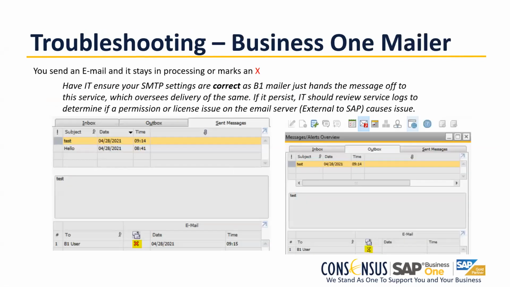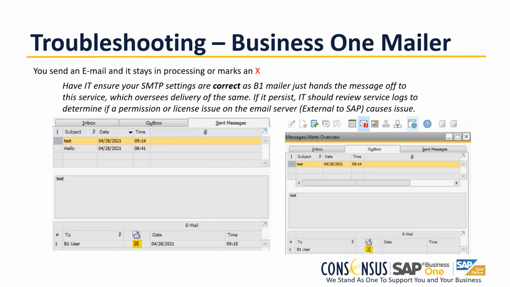All right. This one here is specific to Business One Mailer. And Business One Mailer, for those of you who are on a shared environment, this is typically what's on there because Outlook integration is not available, right? So we have a lot of problems sometimes when we're in the implementation phase where we're trying to configure this email. And basically, I showed earlier that there's really not a lot to set in Business One.